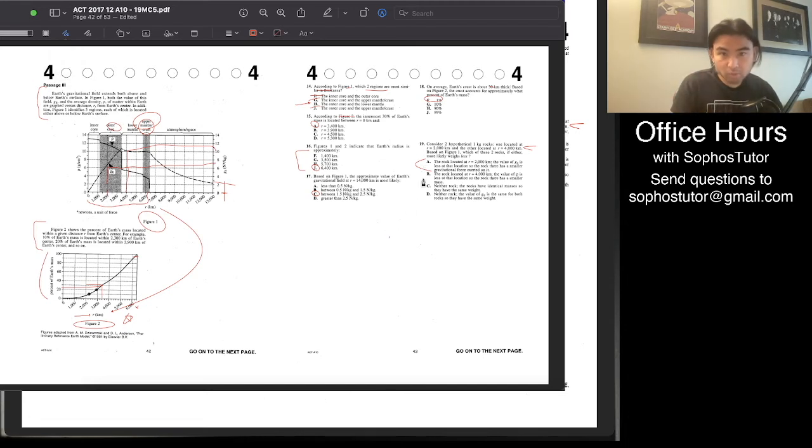Let's go to B. We see the rock located at 4000 km. The value of P is less at that location. All right, well, let's check out the P at 4000. Well, P is noted by the solid line. And if we draw a line to the left, we see the P at 4000 is approximately 5.